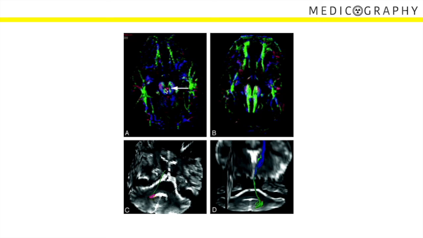That's why it's going to be red in color. However, in this patient here, we cannot see the normal superior cerebellar peduncle decussation. And if you remember, this is the molar tooth sign. This patient has Joubert syndrome. There is no red dot here.